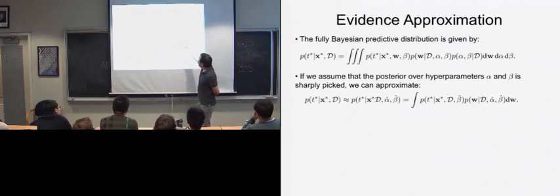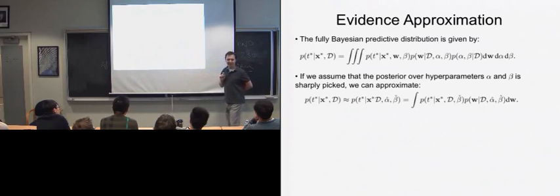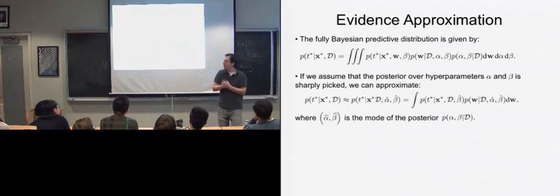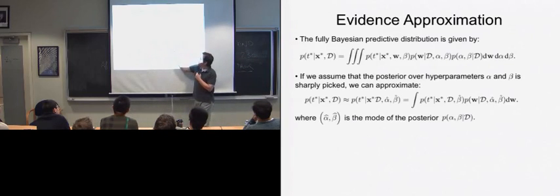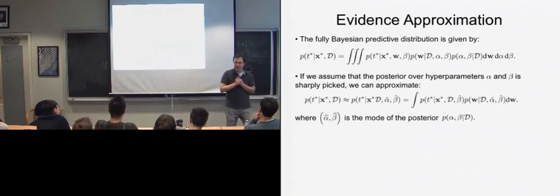If we have these point estimates, then this integral can be computed exactly, because this is a Gaussian, we're good to go. And you can think of these point estimates as the mode of the posterior distribution over the hyperparameters.